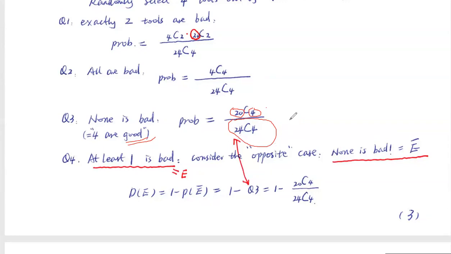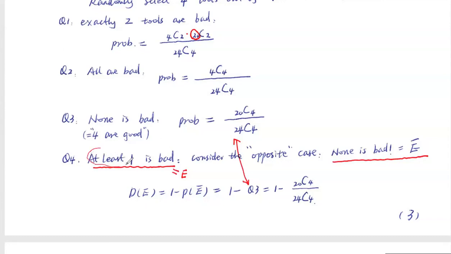You can simplify that. Now, last question here, we are trying to find out of those 4 tools, you selected at least one of them is bad. Remember, we mentioned that last class, right?